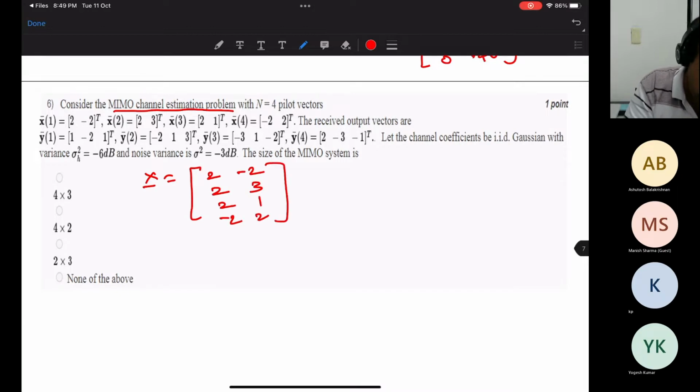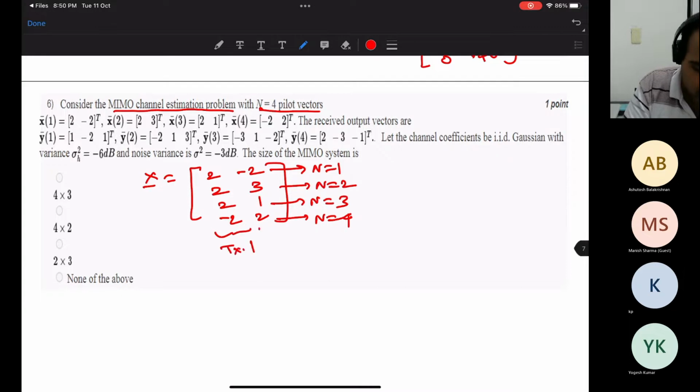We are given that N is 4, so these are N is 1, 2, 3, and 4. This is transmitted by transmit antenna 1, and this by transmit antenna 2. Seeing the pilot, we know our system has 2 antennas.